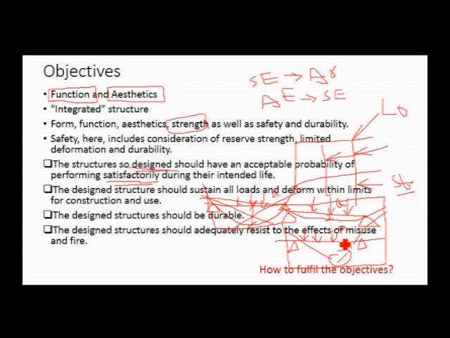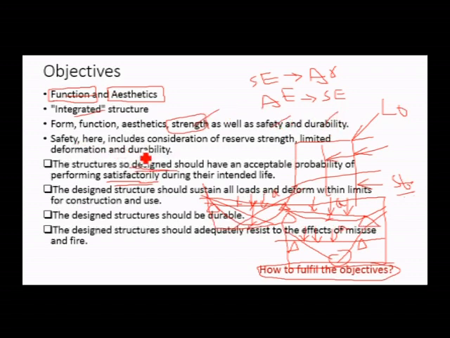For this we need to study the building bylaws provided according to the Indian standards. So how will we fulfill all these objectives? We need sufficient knowledge to achieve functional, integrated structures with strength, good safety and durability.